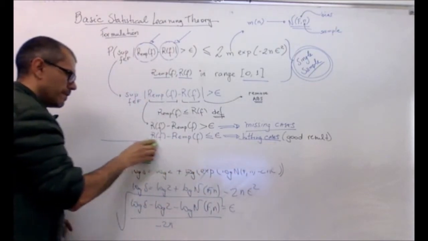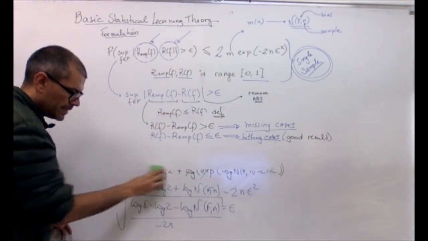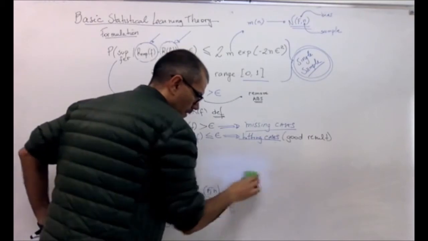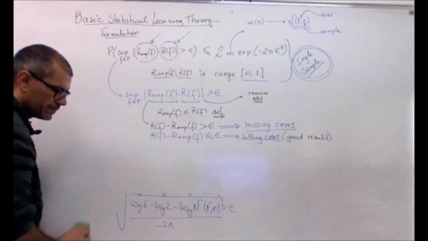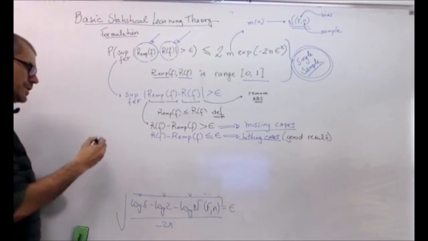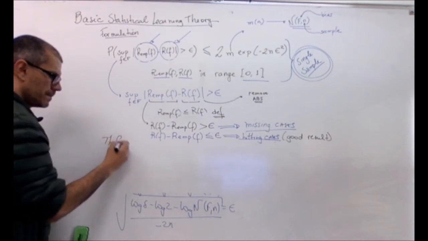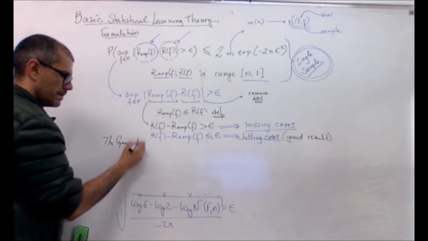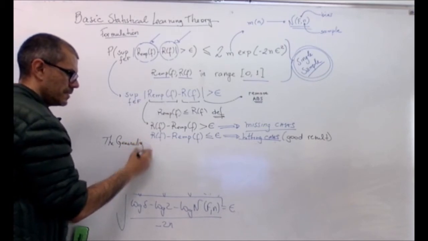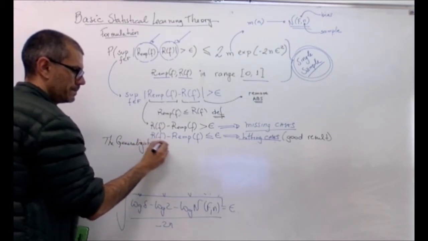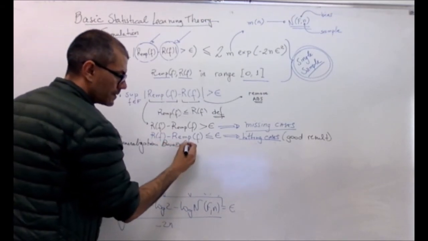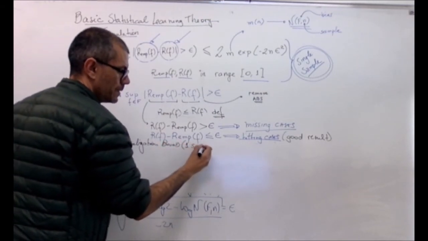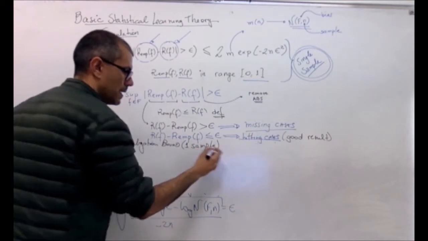From this, Vapnik formulated what is called the generalization bound. This is for one sample, for a single sample, because there is another bound for two samples.